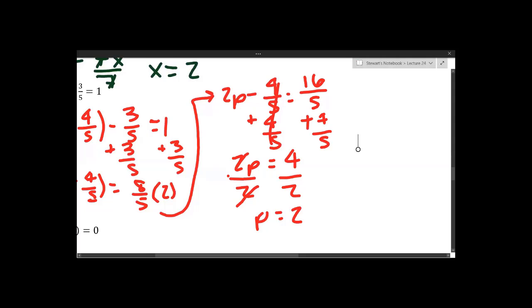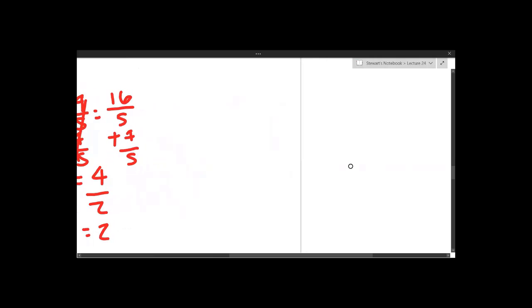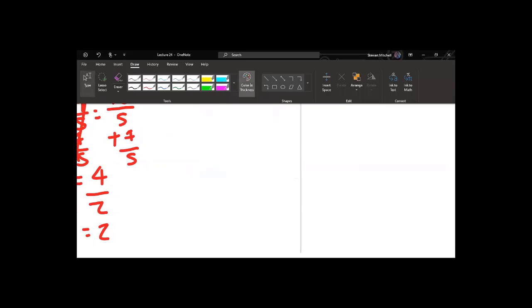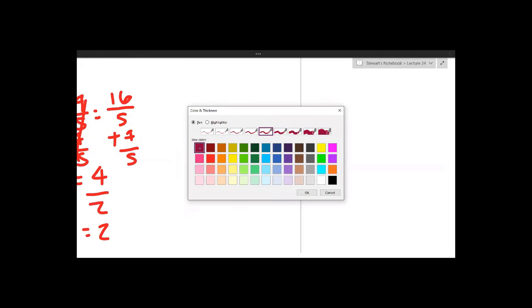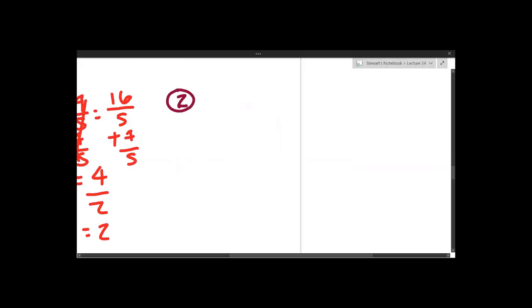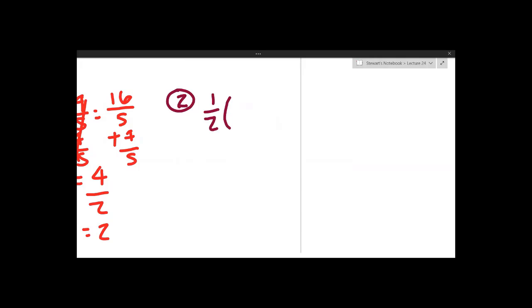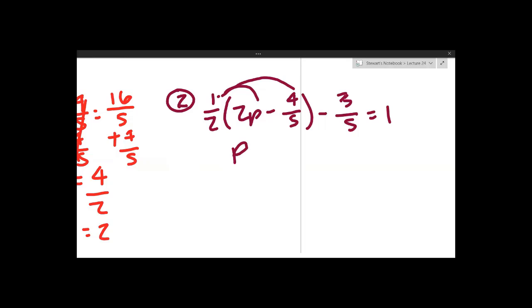A second way to do that, potentially, if you prefer, is if you had 1/2 times 2p minus 4/5 minus 3/5 equals 1, is to distribute this 1/2 first. 1/2 times 2p is just p. 1/2 times negative 4/5, well, you're multiplying across the denominator, but since you're multiplying them, you can cross cancel.